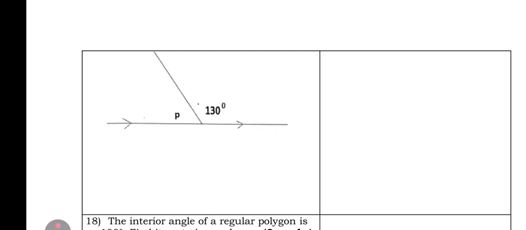This is a straight line, like a semicircle, having an angle of 180 degrees. To get p, you take p plus 130 degrees, which is equal to 180 degrees. Then take 180 degrees minus 130 degrees to get 50. Very easy question. The p is equal to 50.